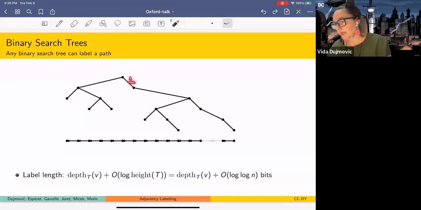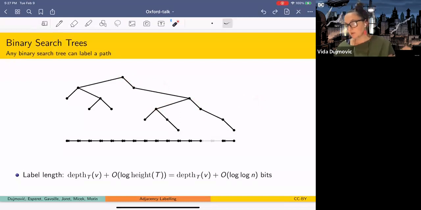If you're going to the right, you write 1. So the label of this vertex would be 1, 1, 1. The label of this vertex would be 1, 1, 0. So that would be the labels of the vertices.